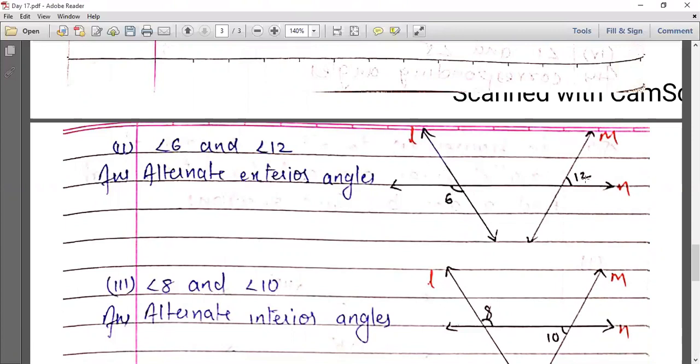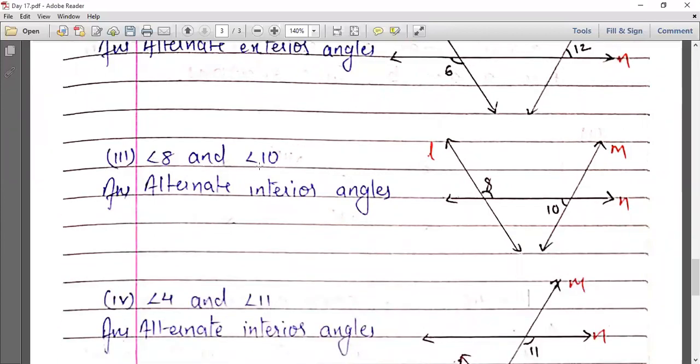Here lines L and M will be the pair of lines and N will act as a transversal. Angle 6 and angle 12 are lying on the exterior side of the pair of lines and on the alternate side of the transversal N. Hence, angle 6 and angle 12 are alternate exterior angles.